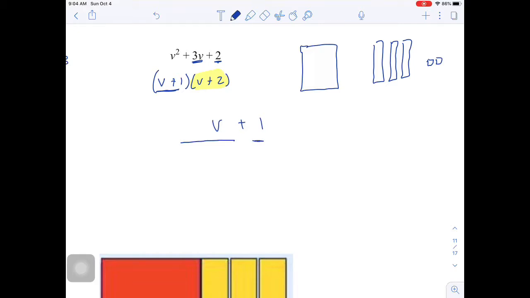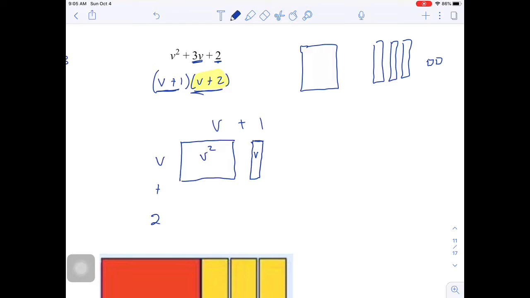This side will represent v and 2 here. So the long length for v goes down, and here we can see that we can create a rectangle. This would be v squared, and then this is v times 1, and remember that makes this side length v, so we get a skinny one, and this represents v.